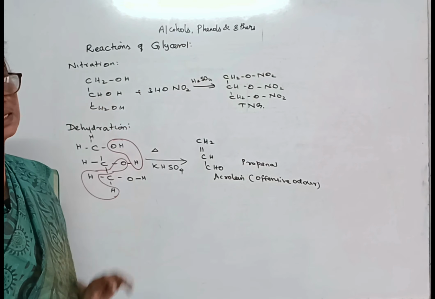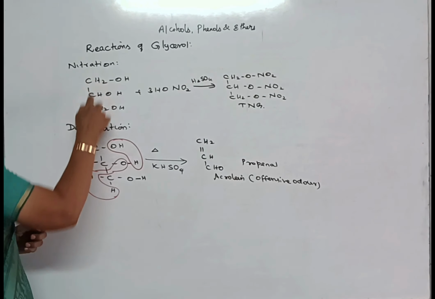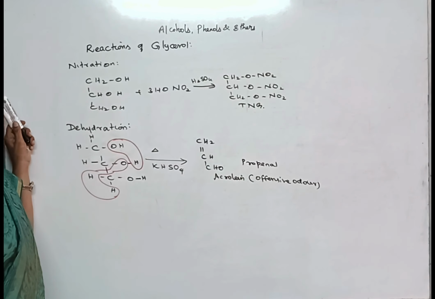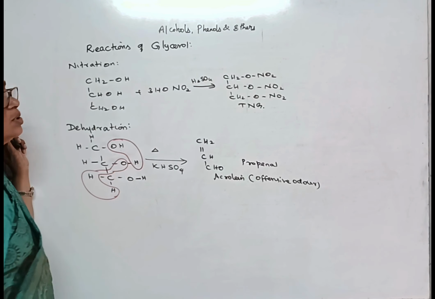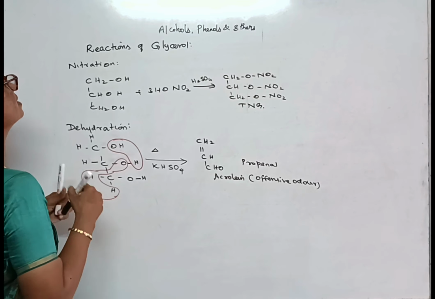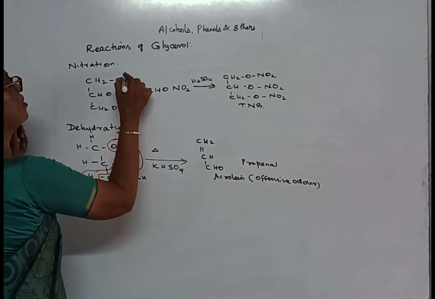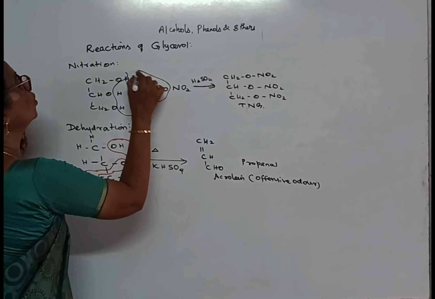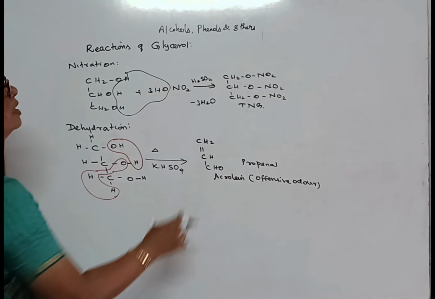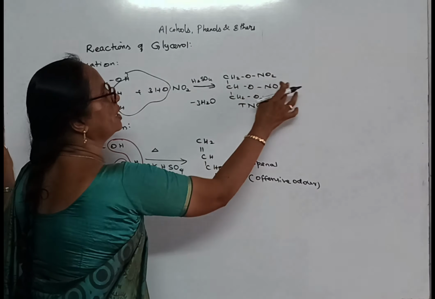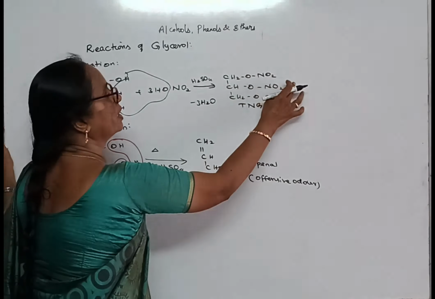Reactions of glycerol. Glycerol has 2 primary alcoholic groups and 1 secondary alcoholic group. Just like glycol, this also undergoes nitration, where there is a formation of 3 molecules of water, H2O. So minus 3 H2O, we are getting CH2ONO2, CHONO2, CH2ONO2.